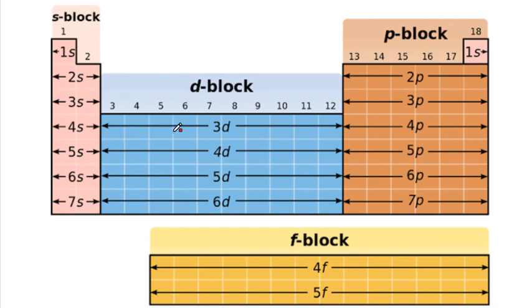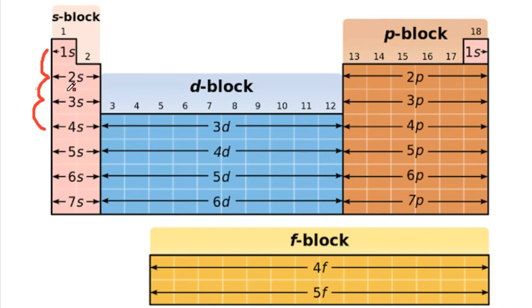However, the 3D area of the D block is not actually on the third period of the periodic table. It's on the fourth period of the periodic table.